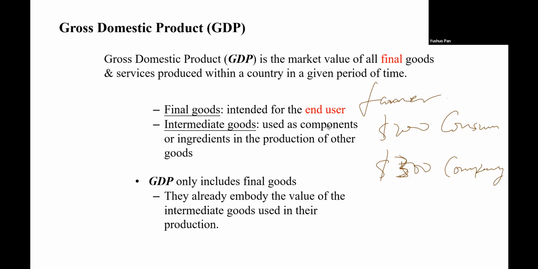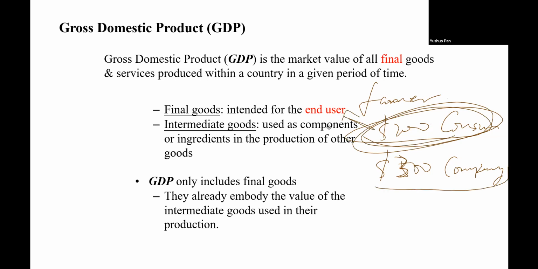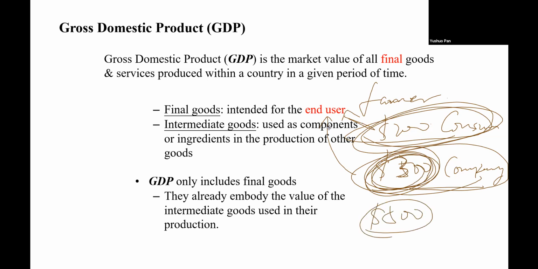So in this case, this $200 should count as GDP, right? Because that's a sell to the end user. But this $300 will not count, it's not the end user. The companies are going to use this $300 oranges to produce the orange juice. And in that case, they can produce like $500 of orange juice.